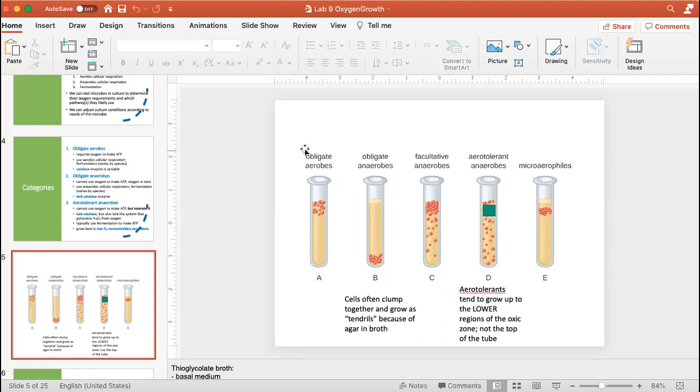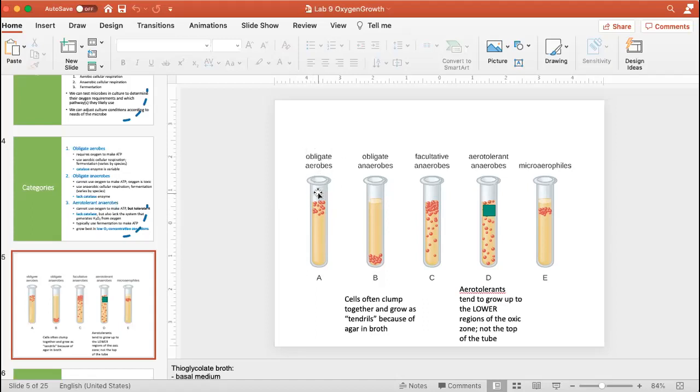These are obligate aerobes, the organisms that grow in this pattern, way up at the top like this. Those would be obligate aerobes. This top 20% of the tube has oxygen in it. And the reason it has oxygen in it is because this part of the tube is closest to the air.